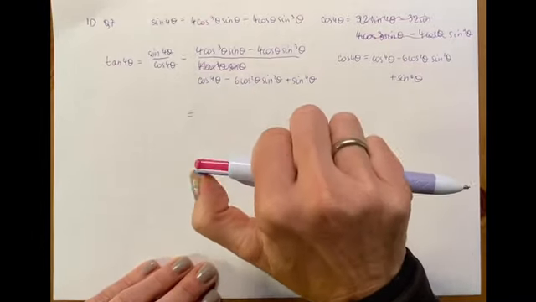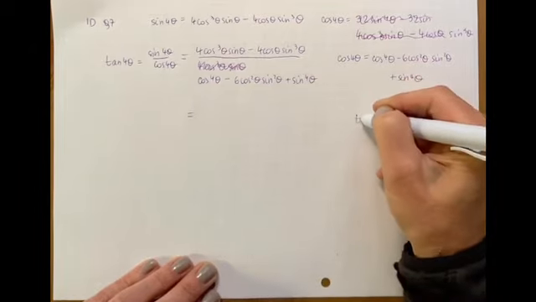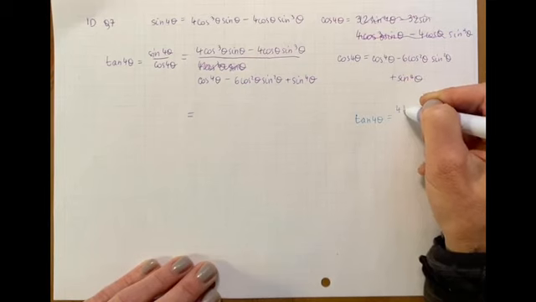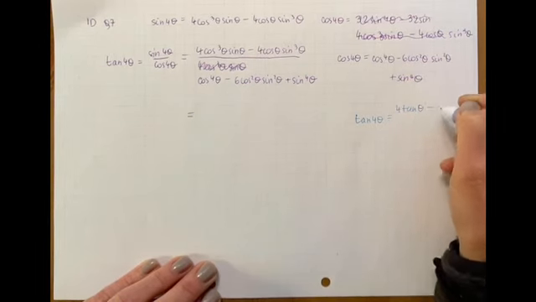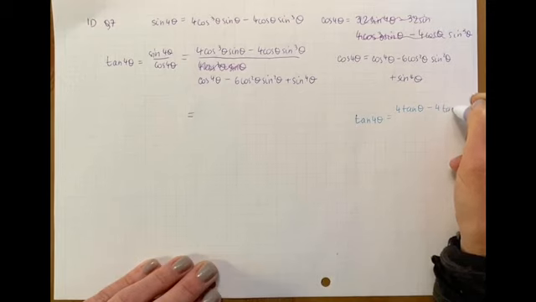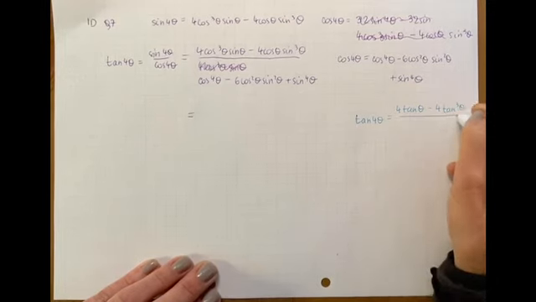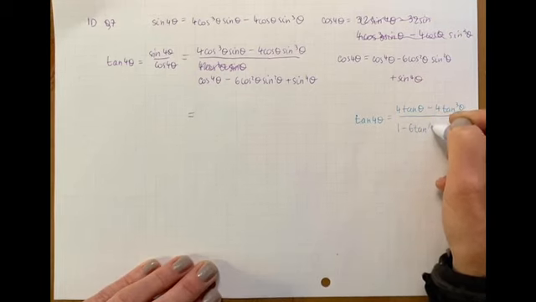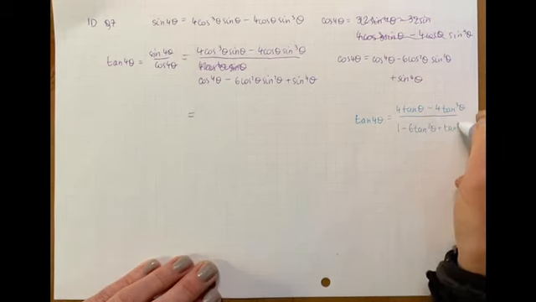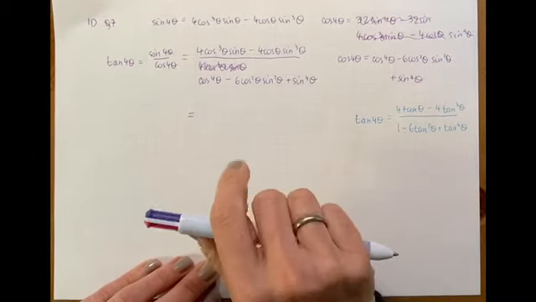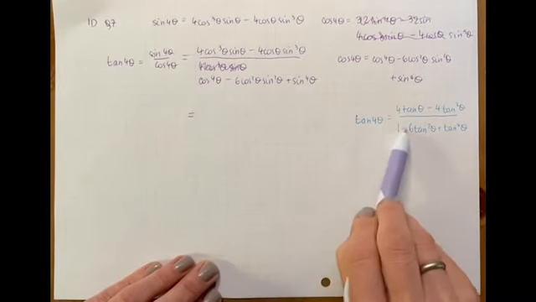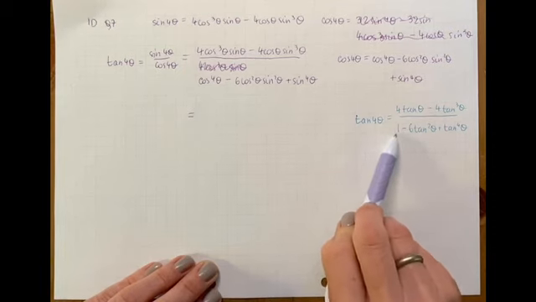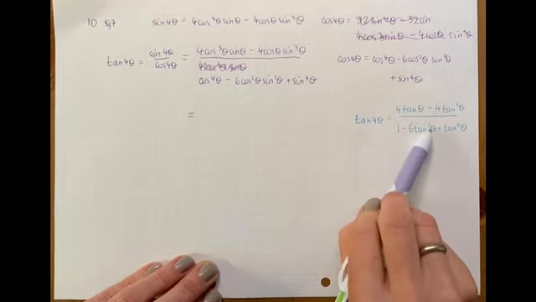The expression in part B gives you your target answer: 4 tan theta minus 4 tan cubed theta on the top of the fraction, and on the bottom 1 minus 6 tan squared theta plus tan to the power 4 theta. So I want to have 1 as the first entry of the denominator.